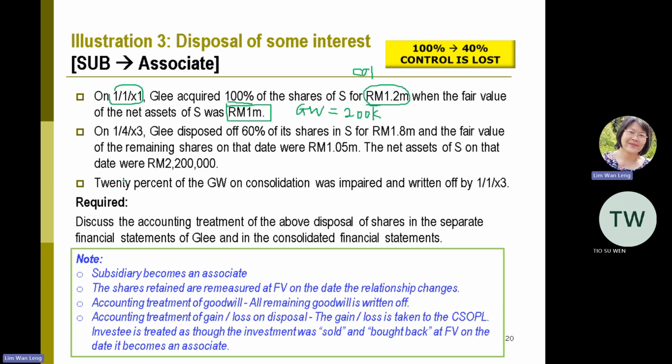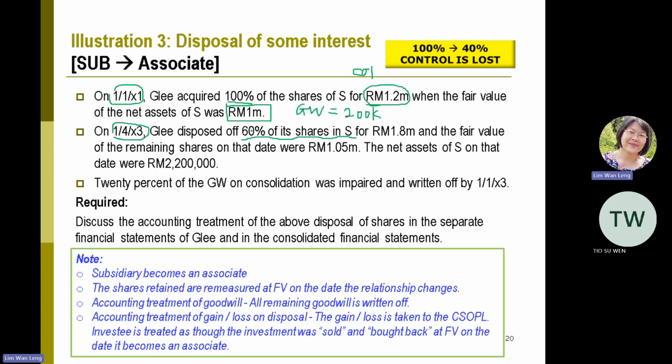Okay, then what did they tell you? On the first day of April X3, so of course we assume that year end is 31st December, GLE disposed of 60% of its shares in S. Because this is 100%, it makes no difference whether you read it correctly or not.